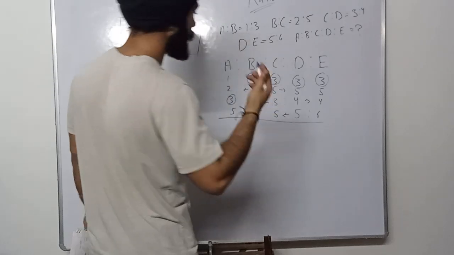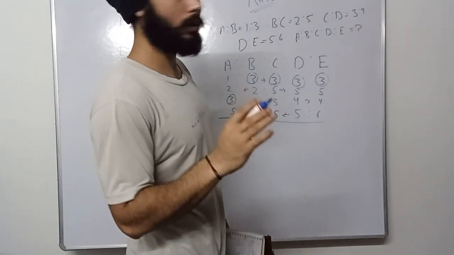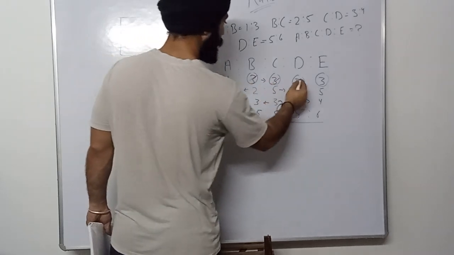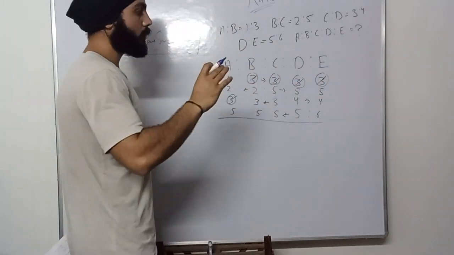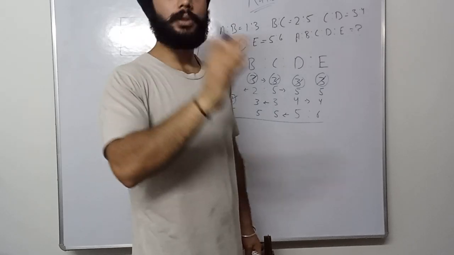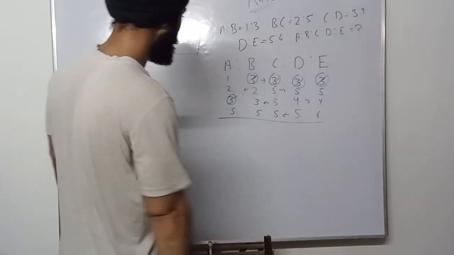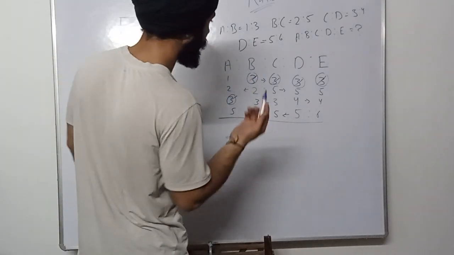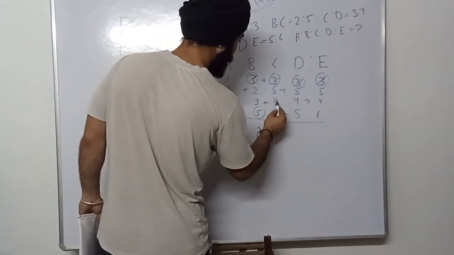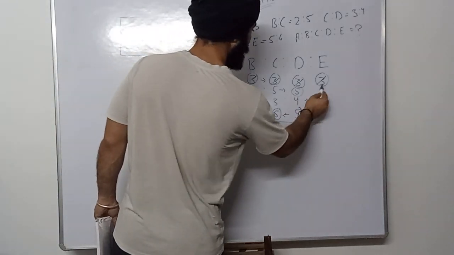If it's not present in any single column, we cannot cut it down. So we can cut 3, 3, 3. We do this because it will reduce our calculation. Find another one: 5 is also there, 5, 5, 5, 5, 5.